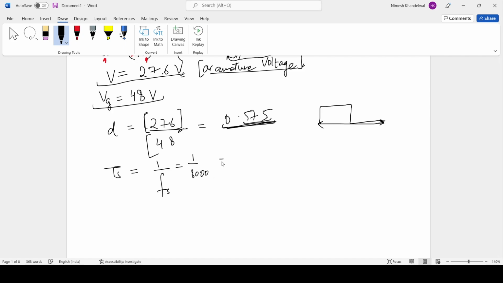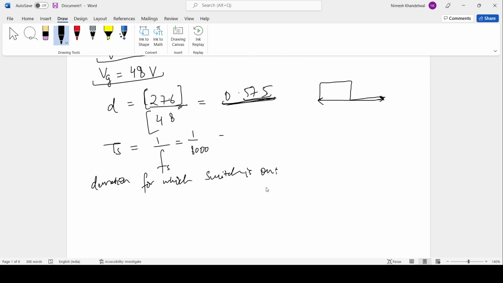So what is the duration for which the switch is on? I told you that if this is the total switching time, then this is the fraction of the switching time for which I should keep it on.